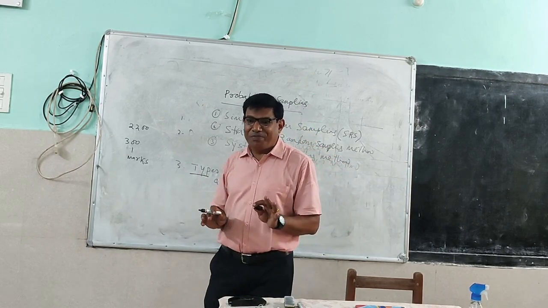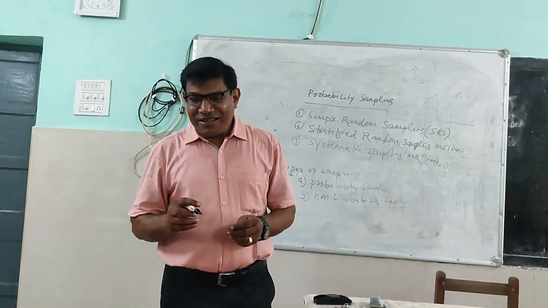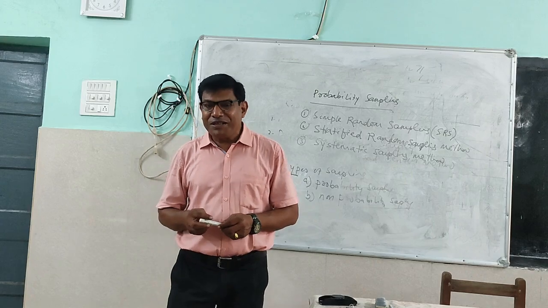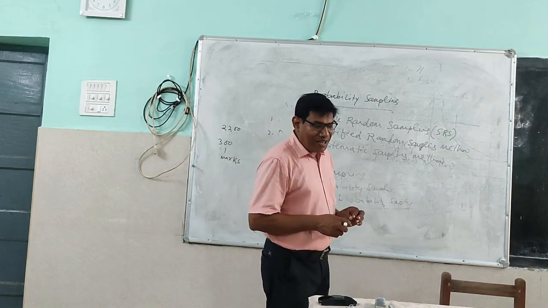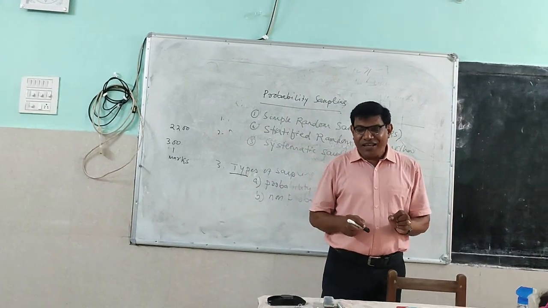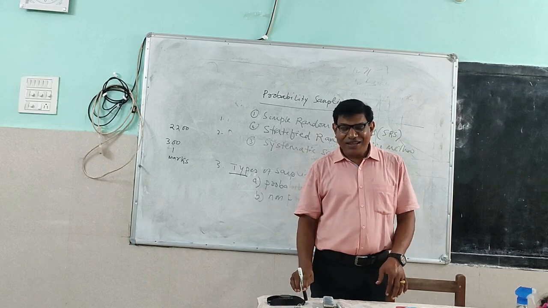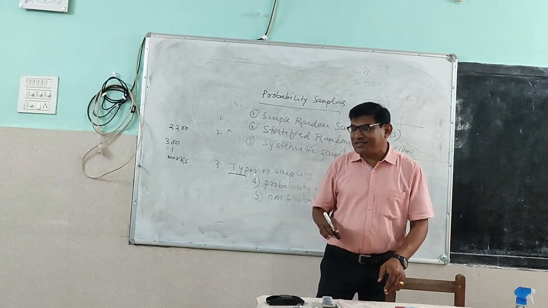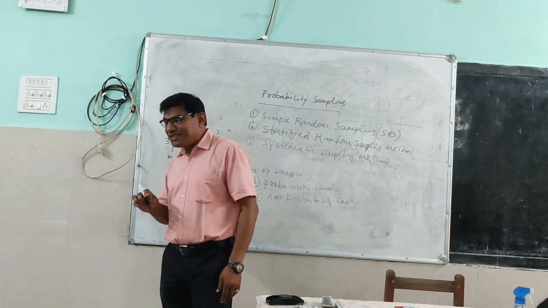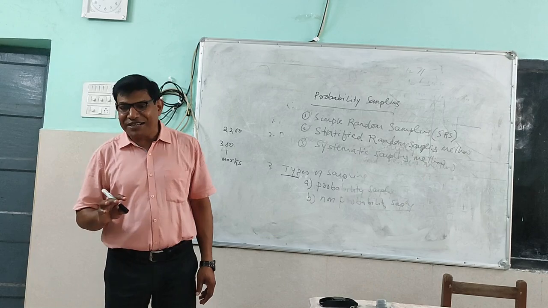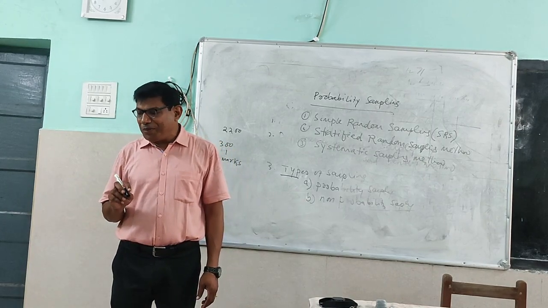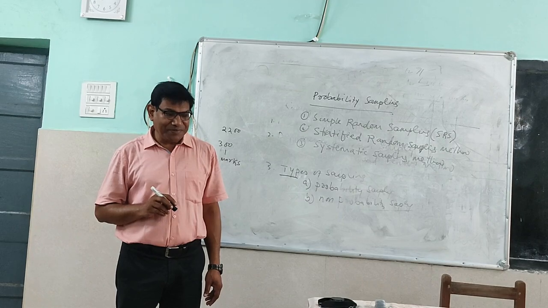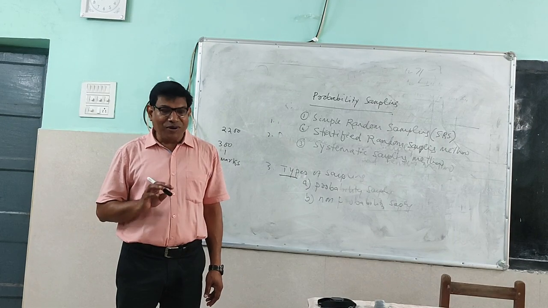Write down: this method is defined as a method in which each and every unit of the population has equal chance of being selected as the sample.